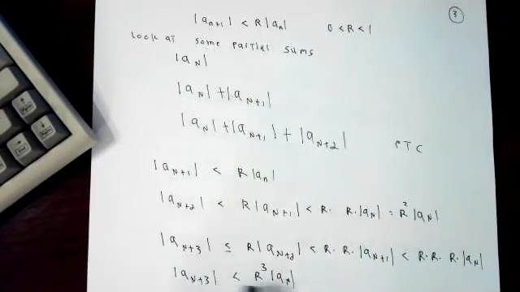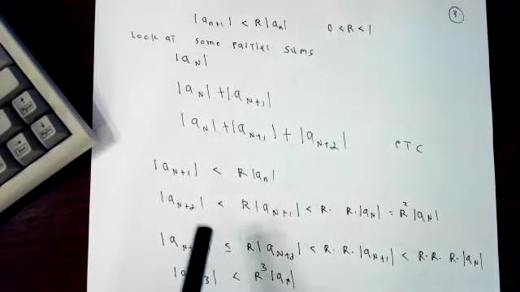And then if you do the same calculation again, you'll find out that the expected result is true. a_(N+3) is no bigger than R cubed times absolute value of a_N.